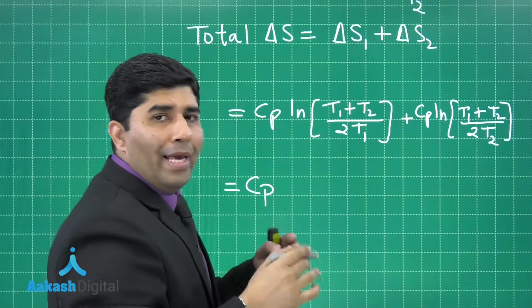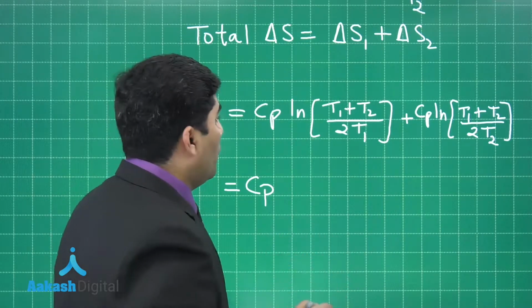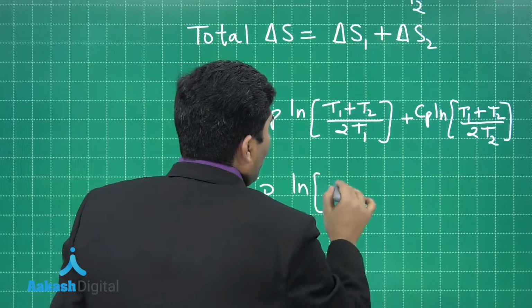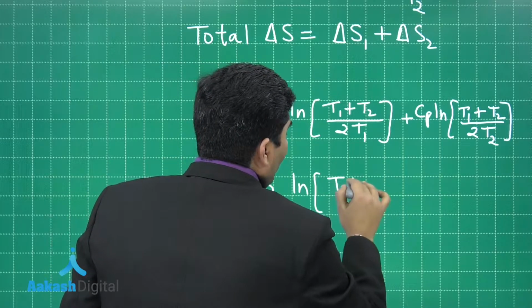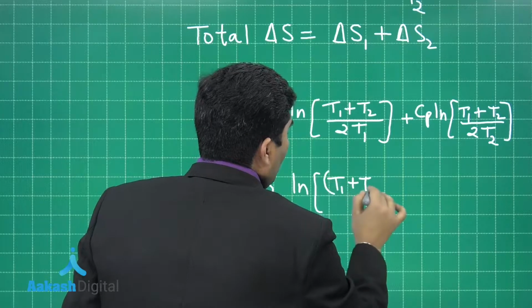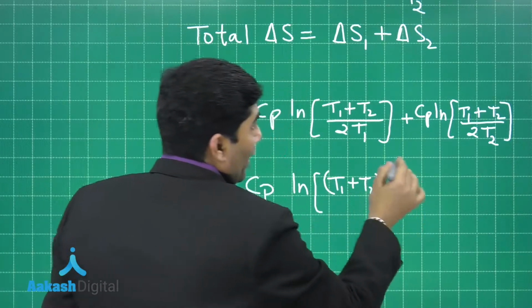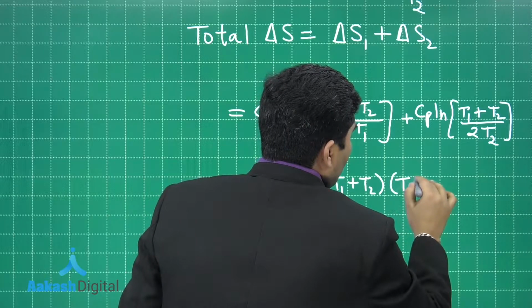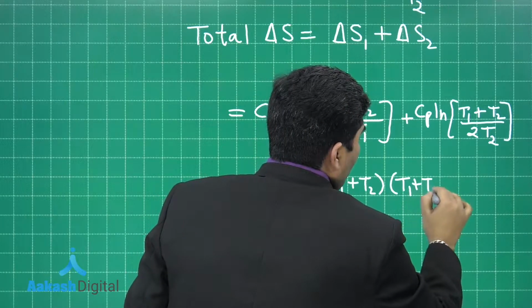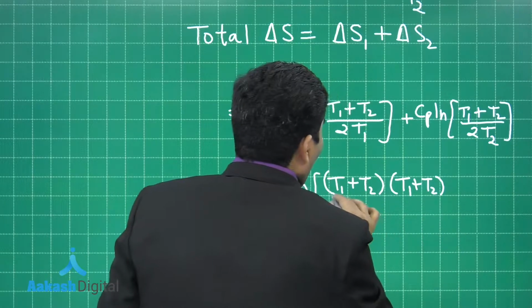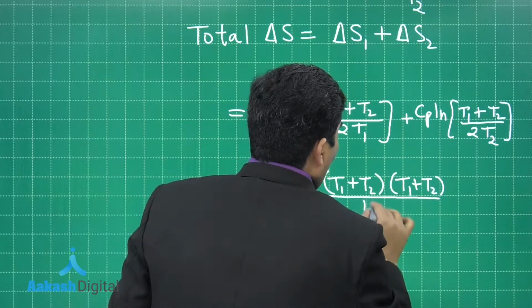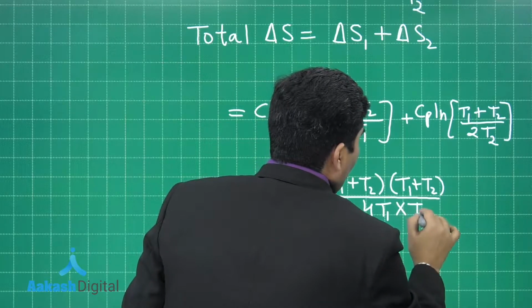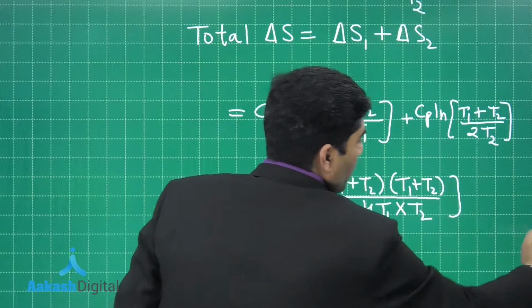we know that log A plus log B is equal to log A into B, so it will be ln T1 plus T2 multiplied by T1 plus T2 divided by 4 T1 into T2.